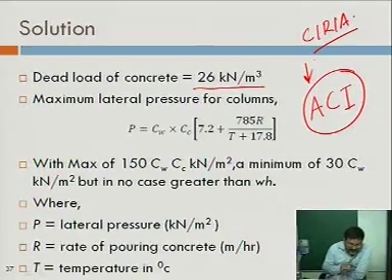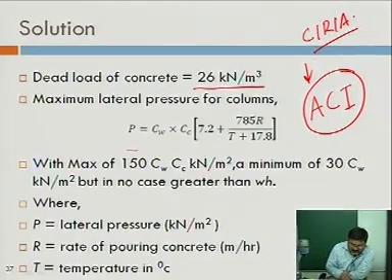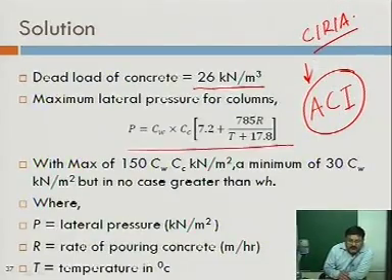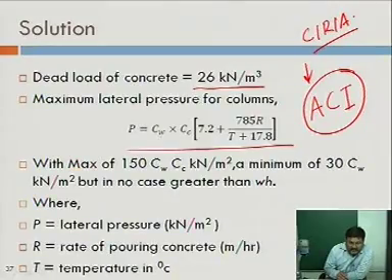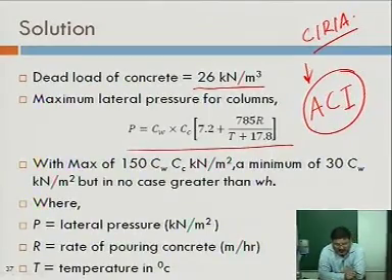If you remember, the maximum lateral pressure for columns using ACI formula is given like this. P is Cw into Cc multiplied by 7.2 plus 785 R divided by T plus 17.8. This formula is already with you.